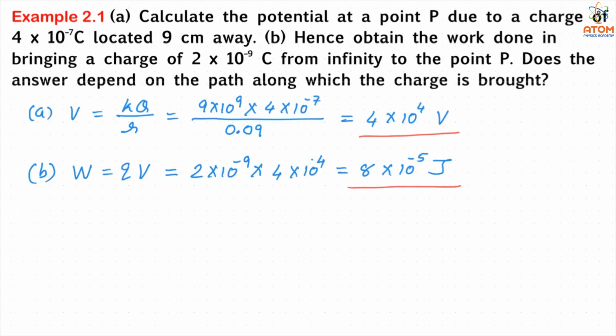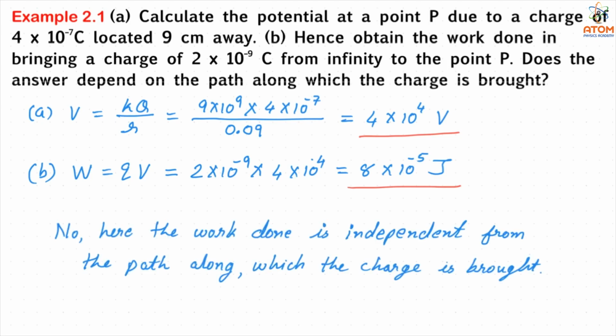Now here they have also asked whether this work depends on the path of the charge from where it is brought. The answer is straight no. Here, the work done is independent of the path along which the charge is brought.